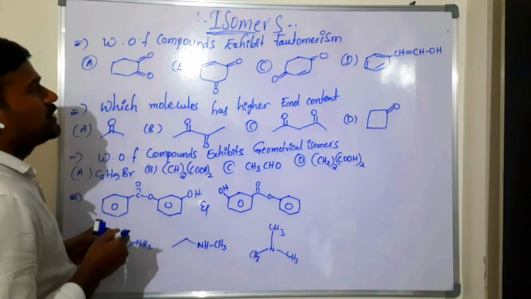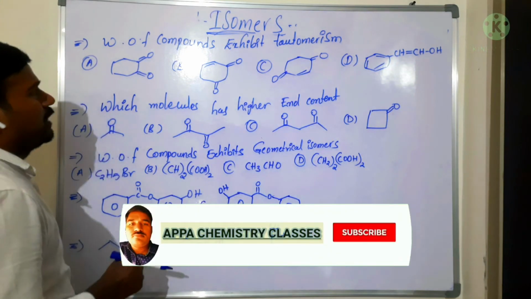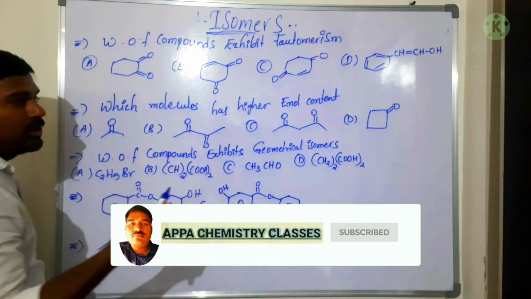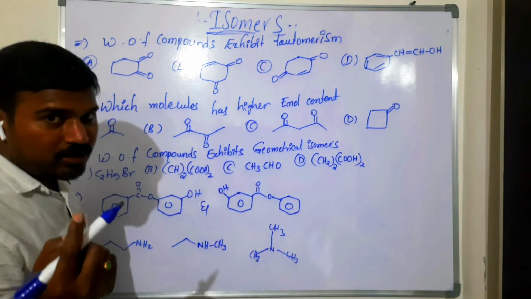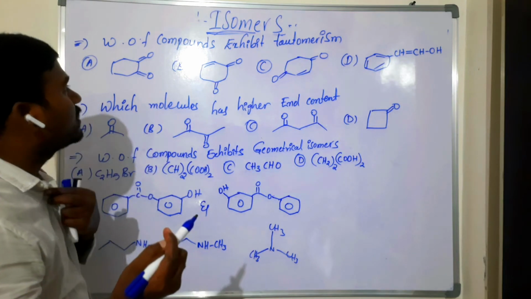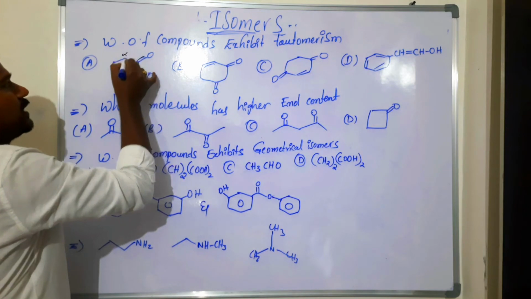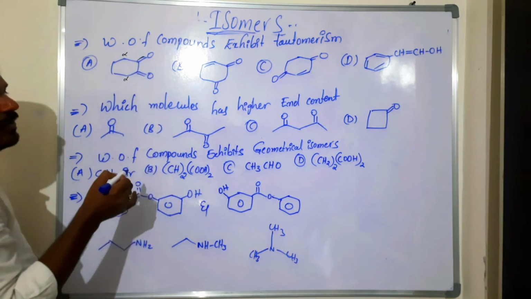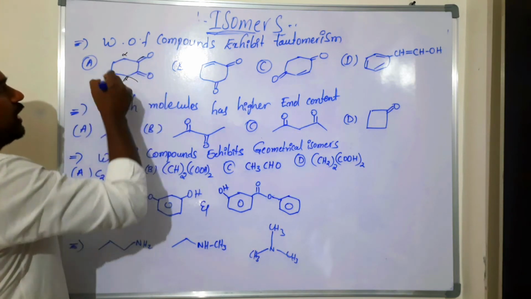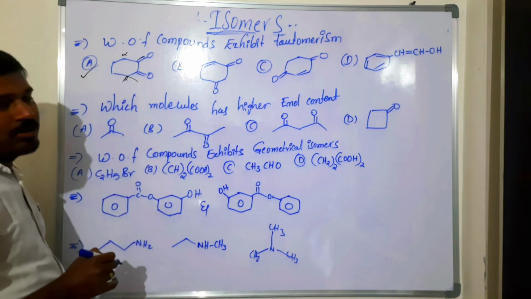Which of the following compounds exhibit tautomerism? At least one alpha hydrogen containing compounds will participate in tautomerism. Here the carbonyl carbon's adjacent carbon is the alpha carbon, and here also there is an alpha carbon which has 2 hydrogens, so it also participates in tautomerism. In this case too, these alpha carbons have alpha hydrogens and participate in tautomerism.